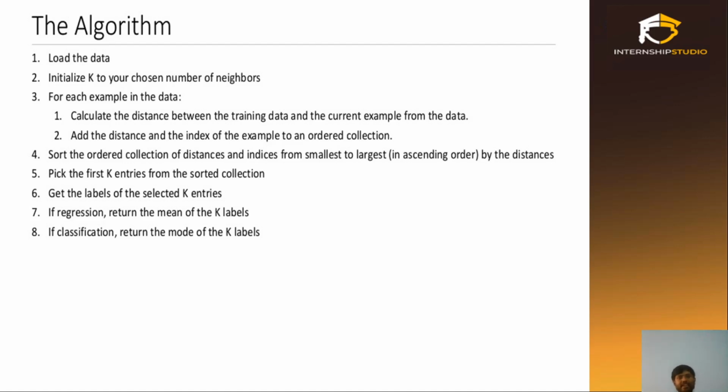So coming to the final algorithm, how it is going to work is, first you load your data, and then you initialize your k to your chosen number of neighbors. For every new sample that comes, suppose the k value is 3, then you calculate the distance to the neighbors and find the closest ones.